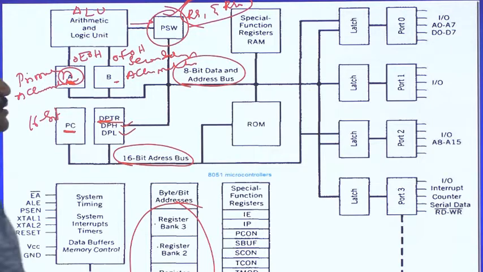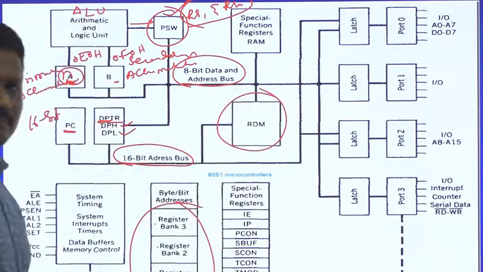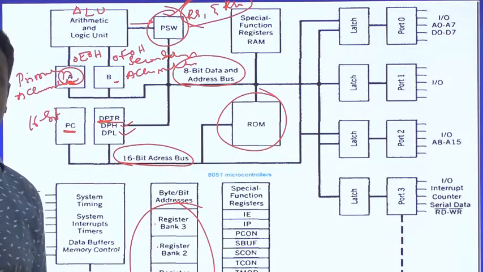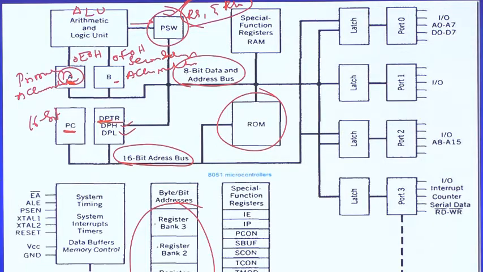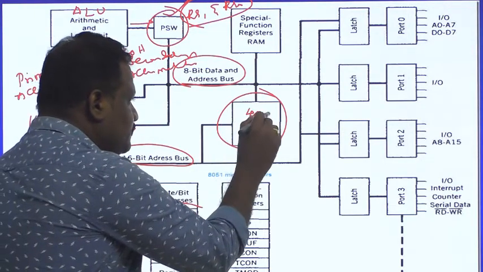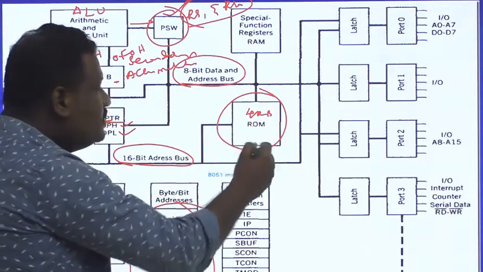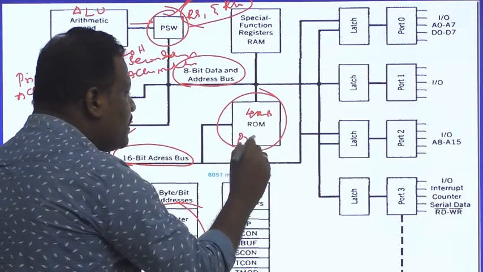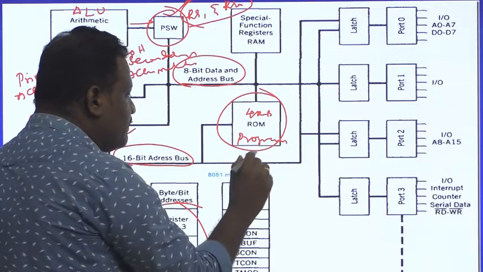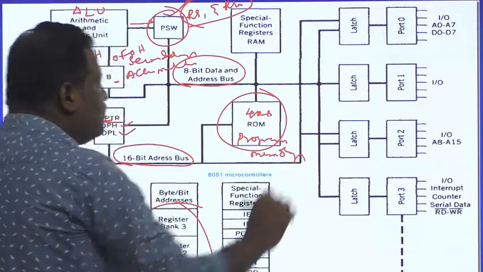And next, coming to this is ROM. We know 8051 has internal read-only memory of size 4 kilobytes. Generally, these 4 kilobytes of read-only memory we call program memory, internal program memory. This is an internal program memory.